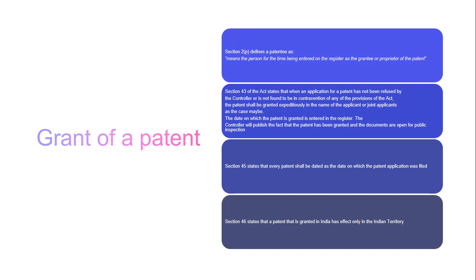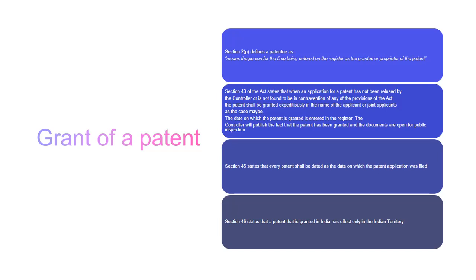It is to be noted that the date on which the patent is granted is not the same as the priority date. Your priority date is the date before which everything else becomes prior art. Right? So if the priority date is 1st January 2022, anything which is in public domain before 1st January 2022 will be considered as prior art.